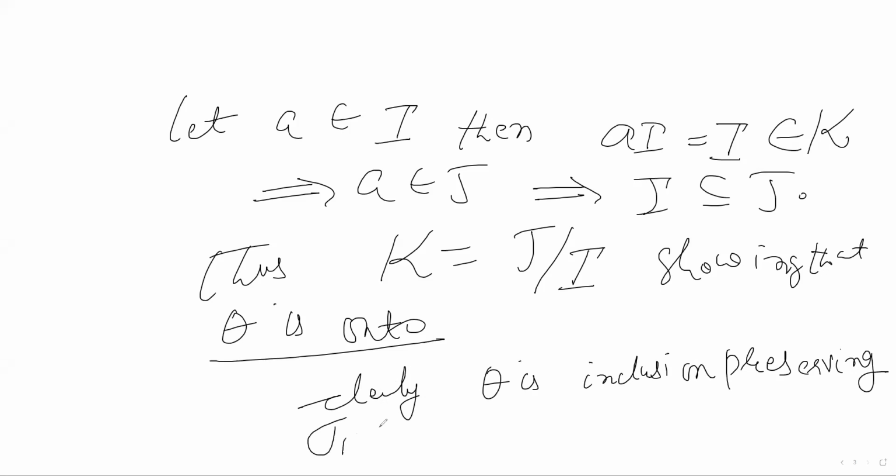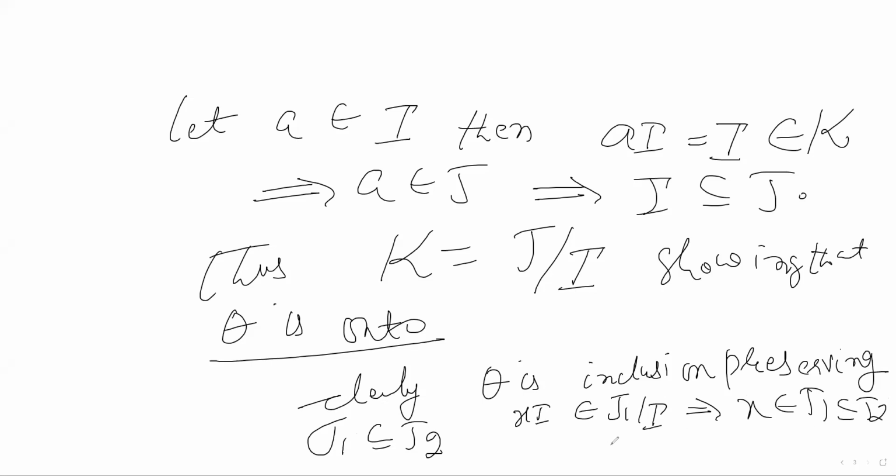Because if I take J1 a subset of J2 and I take say xI belonging to J1 over I, this would imply that x belongs to J1, but J1 is a subset of J2, so this means that x belongs to J2, and this would say that xI belongs to J2 over I. So J1 is a subset of J2 implies that J1 over I is a subset of J2 over I. So therefore theta is inclusion preserving.